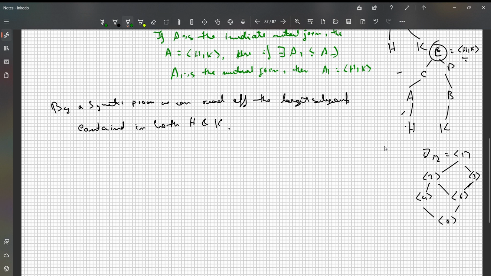You just look downwards from 2 and 3 and find the immediate mutual join. So the immediate mutual join you have of 2 and 3 is 6. So that's basically this, right?